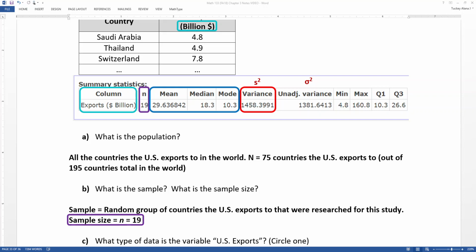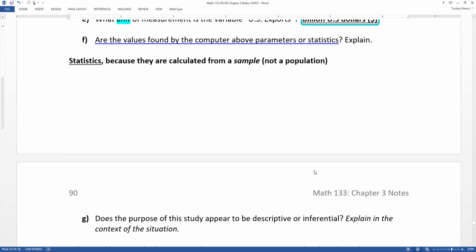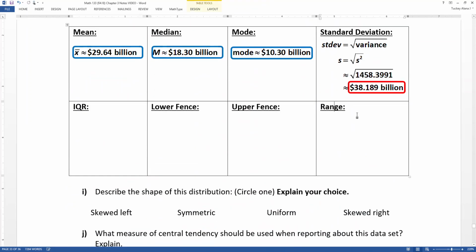So I'm going to use that fact to find that value. Because we're going to be using these values, I highlighted these two, in an orange color and then green. So to find the range, we're going to use the orange ones, which is max minus min, right here. So you take 160.48, you subtract away 4.8, and you get 156 billion dollars, which is equal to your range.